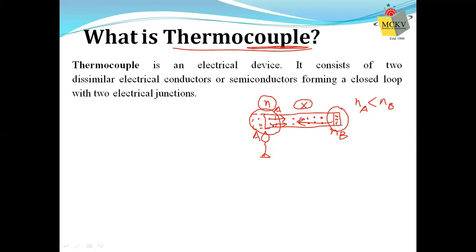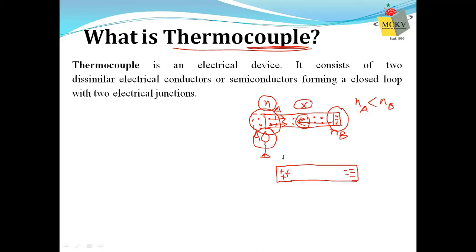So since I am heating this, the electrons will drift towards the right, they will try to move towards the cooler end. And understand the drift will be so much that it will overcome the diffusion. So ultimately, since the drift is more due to the heat, a situation will arise that on the cooler end there will be more electrons as compared to the hotter end. So this side will have a positive charge, and this side will have a negative charge.